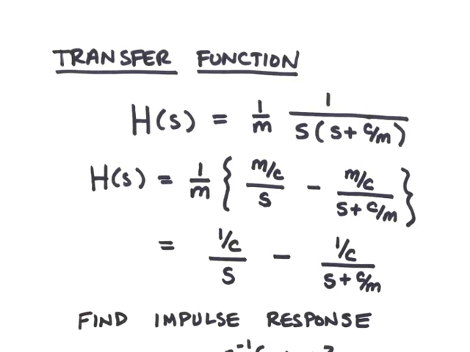So the transfer function is h of s equals 1 over m times 1 over s times s plus c over m. And then we can take this transfer function and partial fraction expand it. And we'll find it is 1 over c divided by s minus 1 over c divided by s plus c over m.